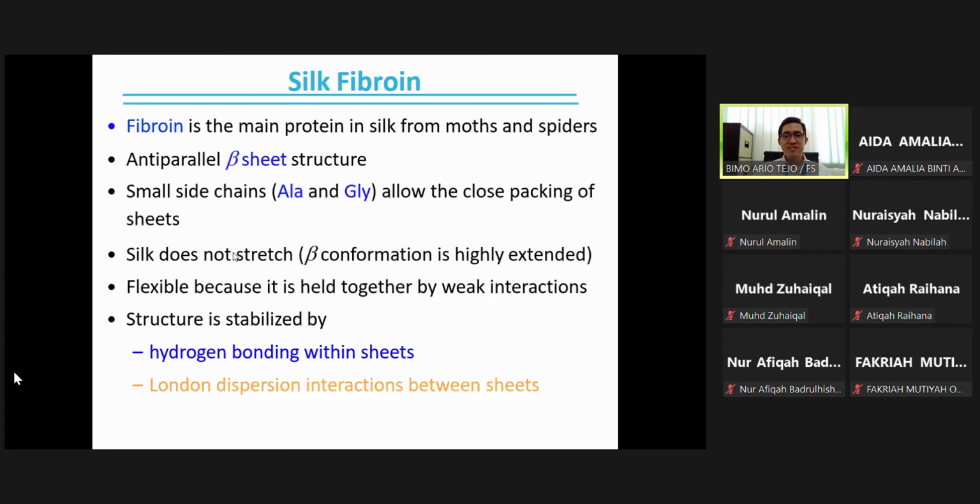And then silk, mainly beta structure, antiparallel beta structure, and silk is very strong. The same amount of silk has a stronger tensile strength compared to metal. It's very strong, basically.